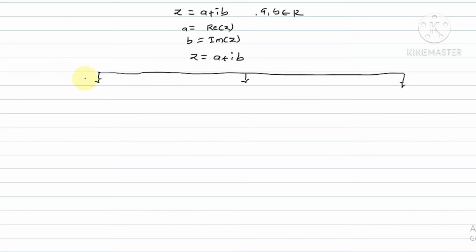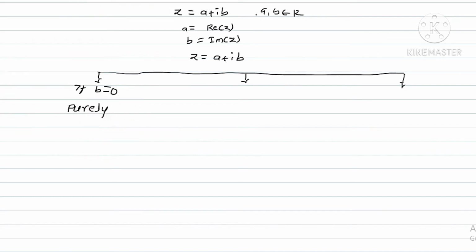Those types I want to discuss. In the first case, for example, if b equal to 0, the imaginary part vanishes, so only z equal to a is left. This we can write as purely real number.